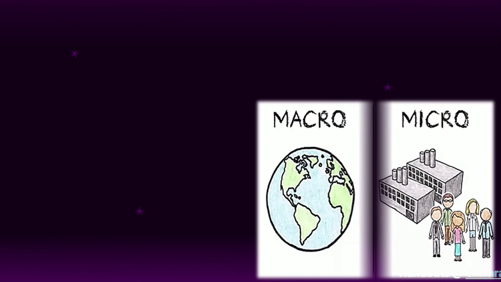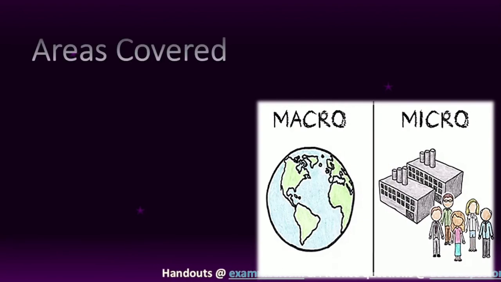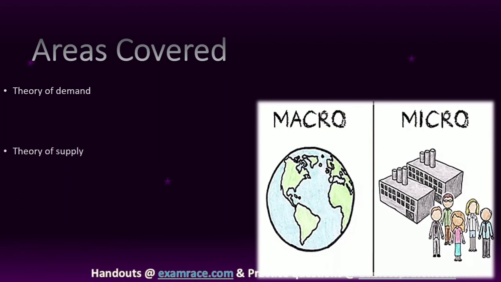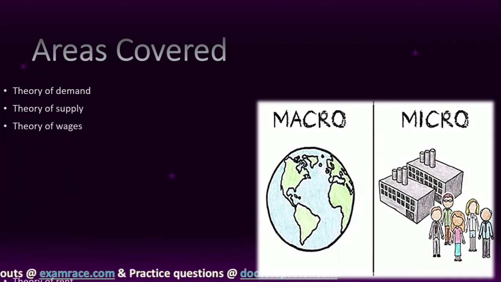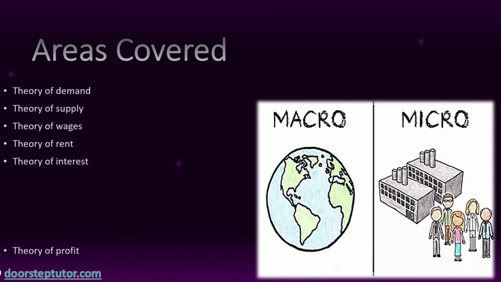Now, economics has both components, that is macroeconomics and microeconomics, and there are various contents that are included in it. So, now we'll talk about the areas covered under macroeconomics and the areas covered under microeconomics separately. Theory of demand, theory of supply, theory of wages, theory of rent, theory of interest, and the theory of profit.